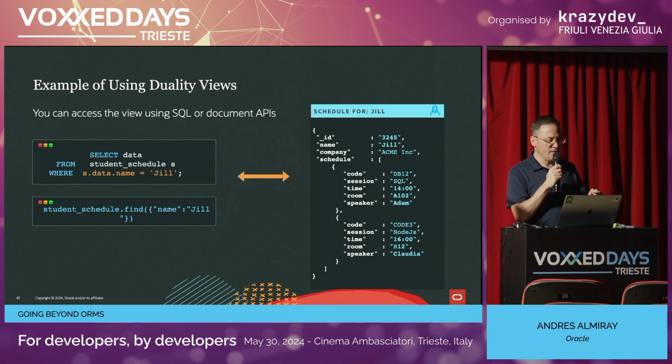Notice that we have some sort of magic column name called data. This is the one that holds the document. The document will be realized on the go. Again, we are not storing a document. We're storing relational data. But you still can navigate that document using JSON path or any other JSON function that you have at your disposal.